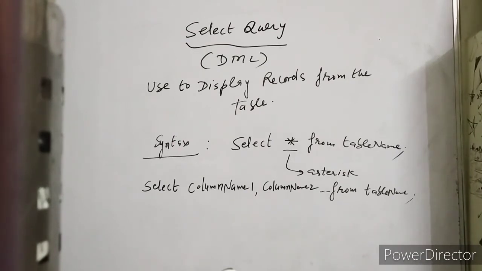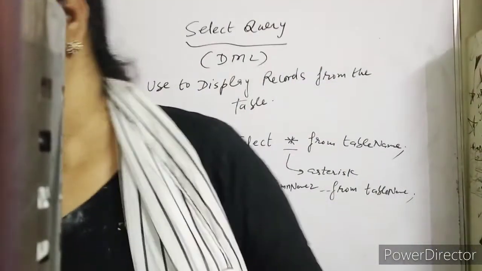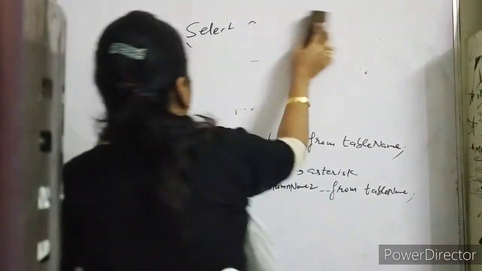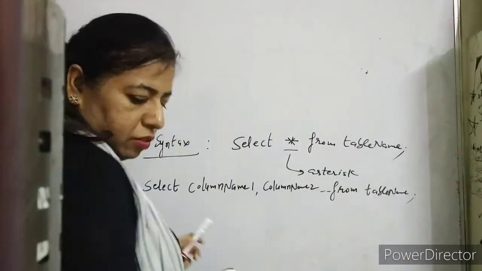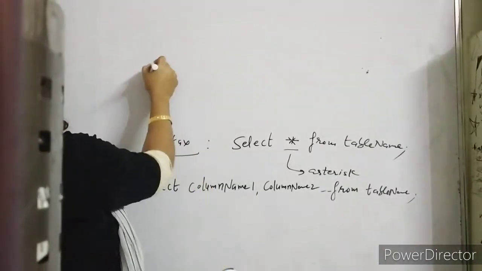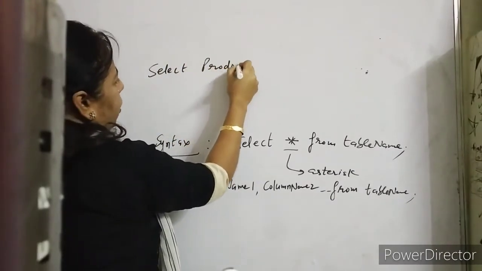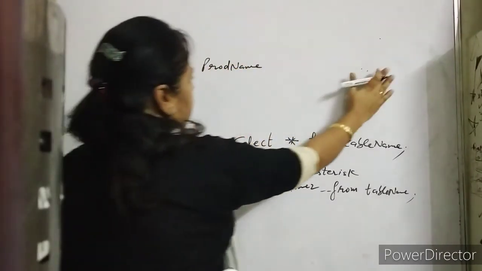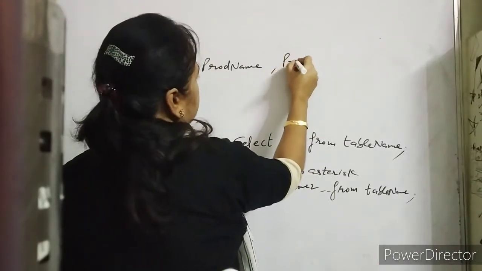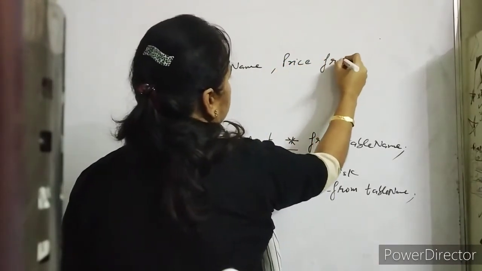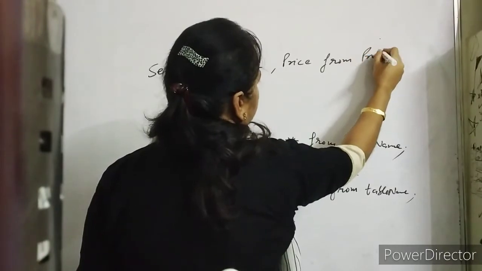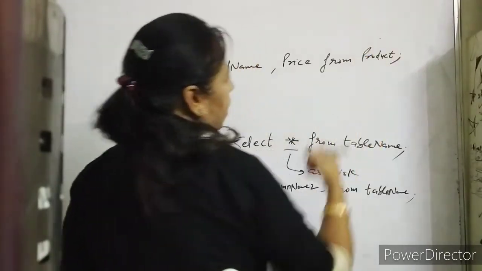For example, in your assignment you have created the product table. If I want to display product name and price, what will you write? Select product name, whatever name you have given to the column, comma, price, from table name, which is product, and put a semicolon here.